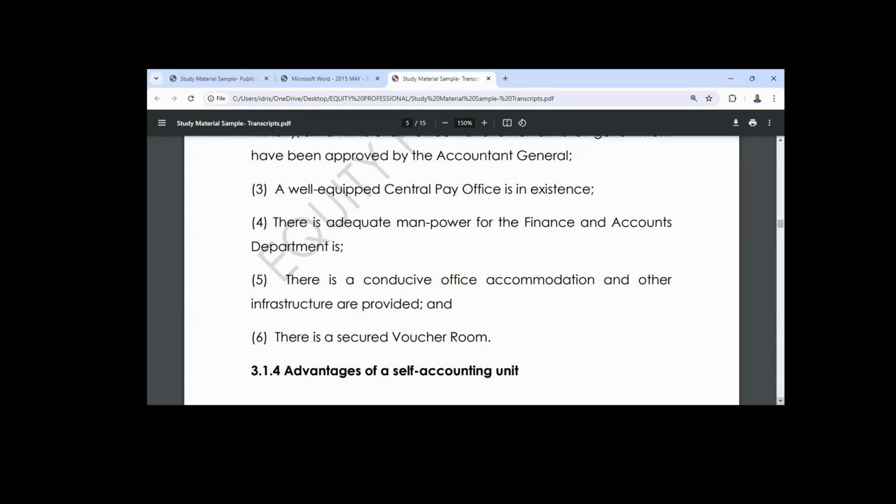They must have a secure vouchers room, a secured vouchers room where they will be putting their payment vouchers.